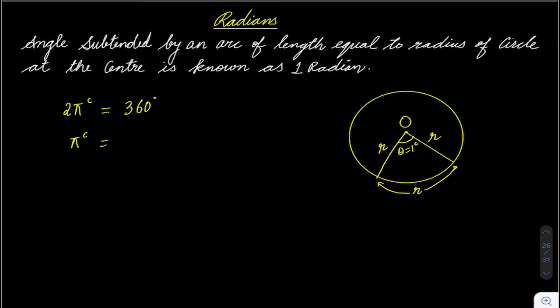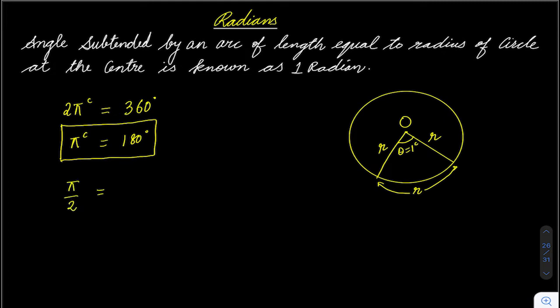This c is the symbol for radians. But in practice, we generally don't write this c, we just write pi. In most questions you will see the angle given simply like pi by 2.